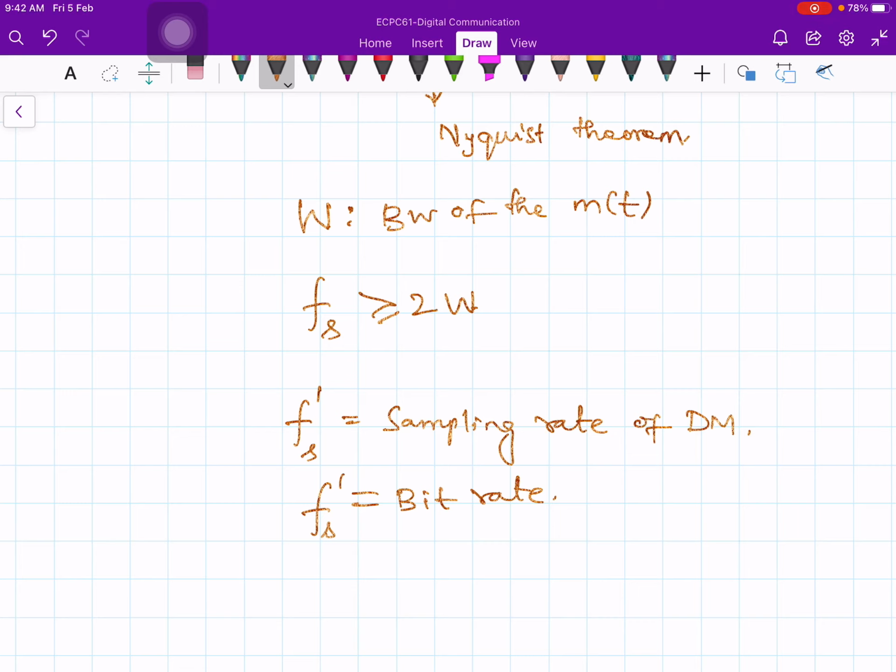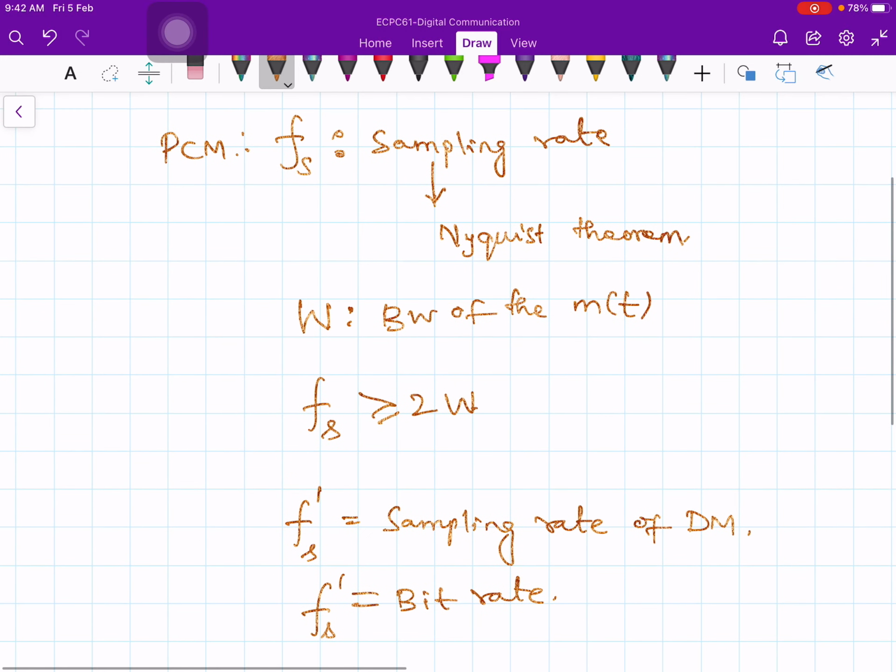Whereas in the case of pulse code modulation, bit rate is equal to n times the sampling rate fs, where n is the number of bits used to represent each word or each sample.